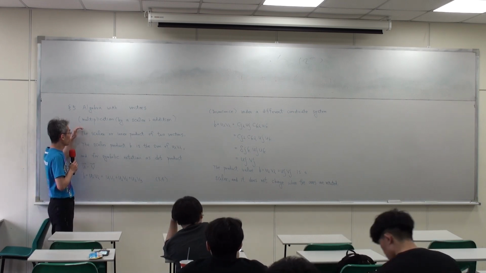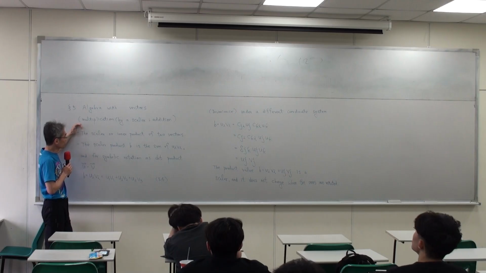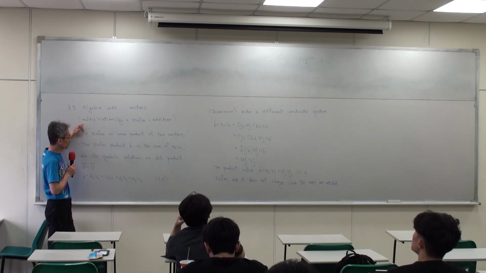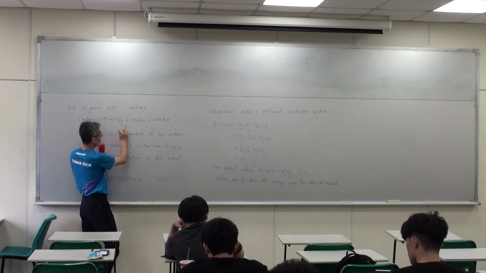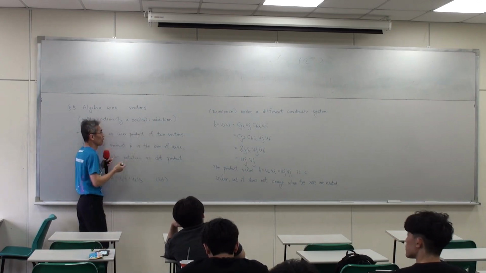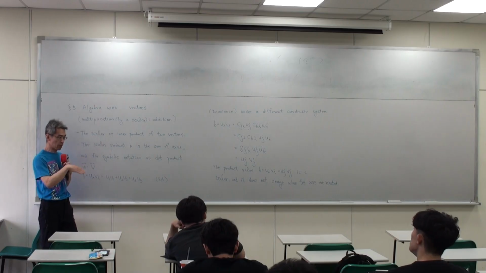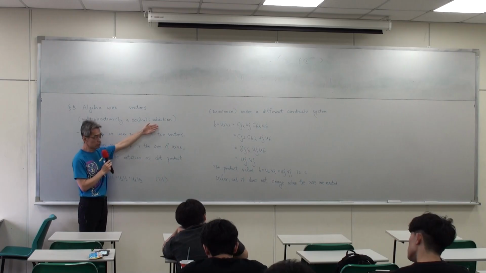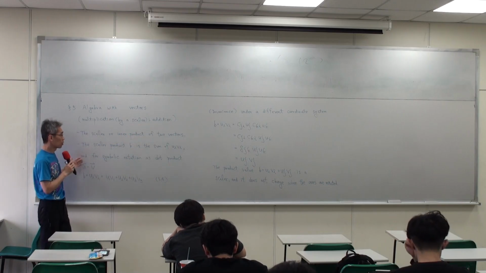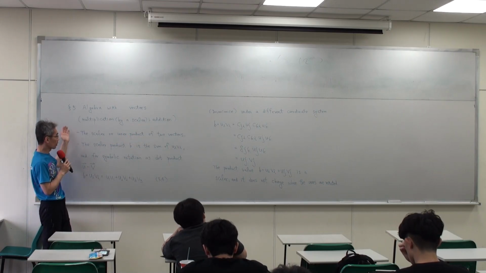So for the vector, the simple operations: one is multiplication by a scalar. A scalar just amplifies every term with the same scalar. Or addition, I think this is the simplest operation for a vector.